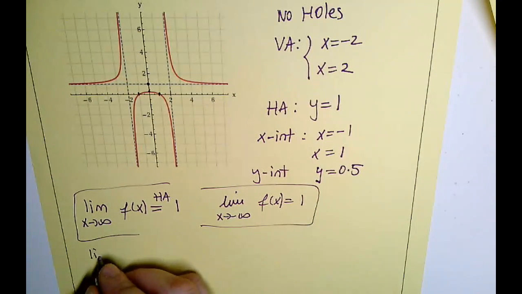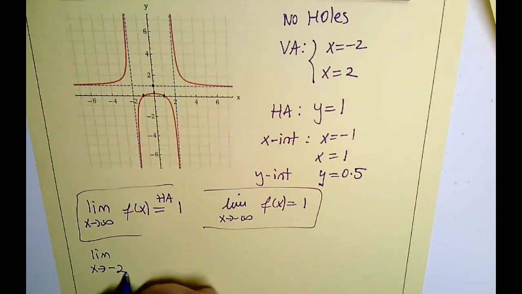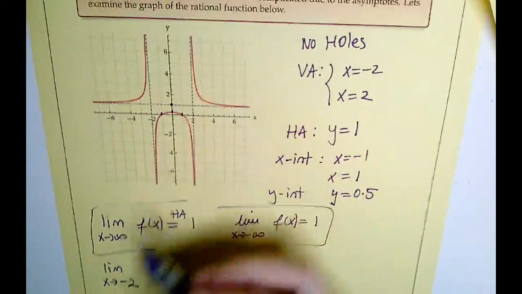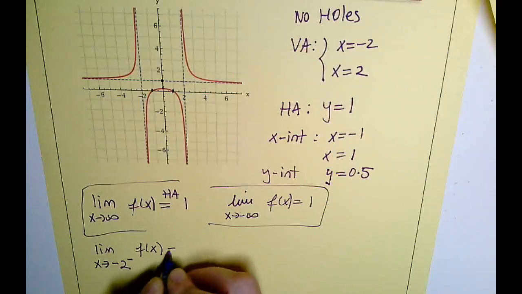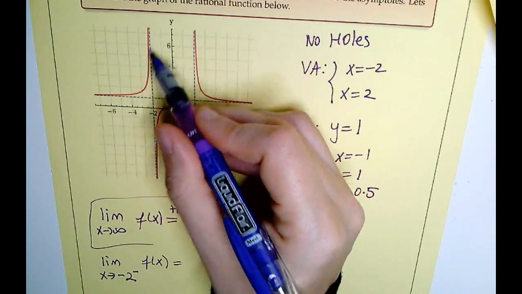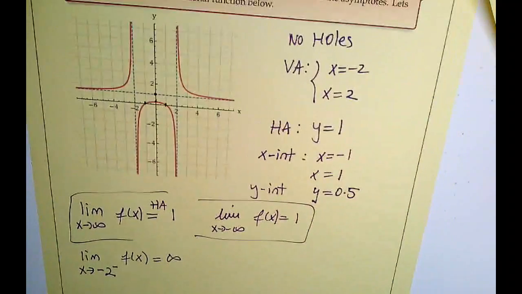What about the limit as x goes to negative 2? As x approaches this vertical asymptote from the left, I'm going to put a negative. If I approach negative 2 from the left, where is the graph going? It's going up to positive infinity. So we say that the limit is positive infinity.